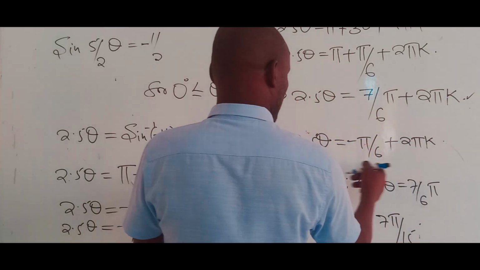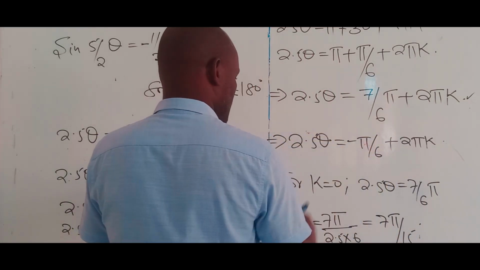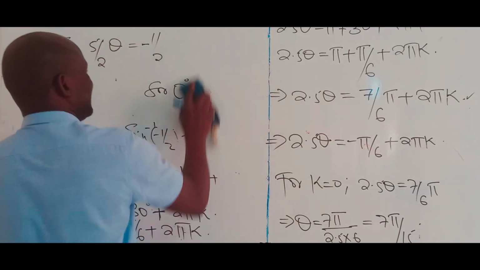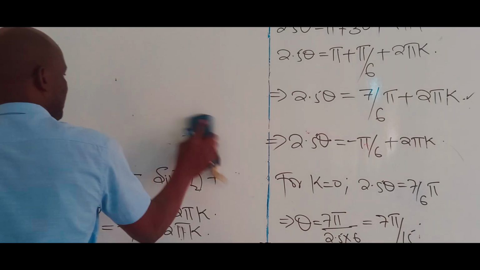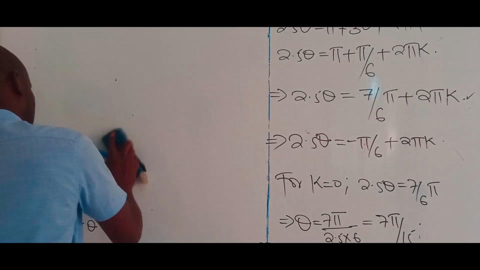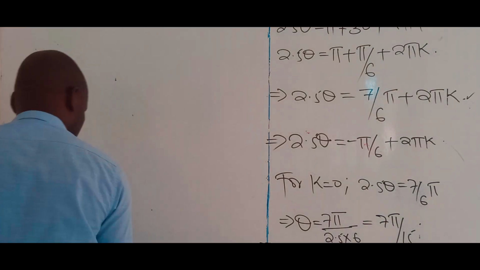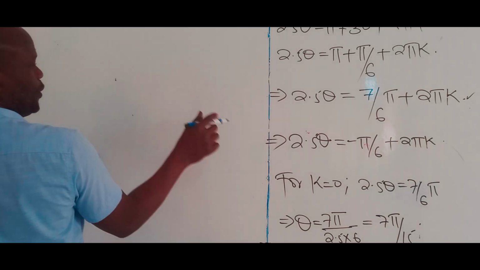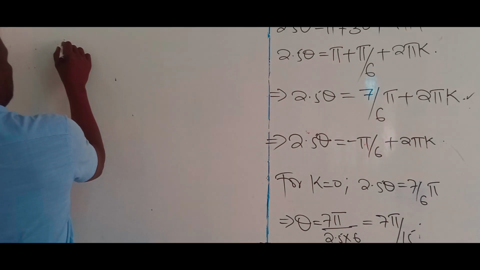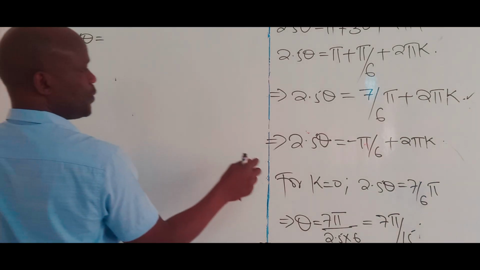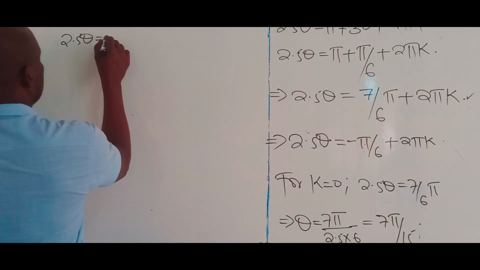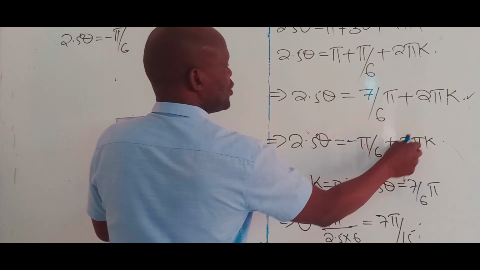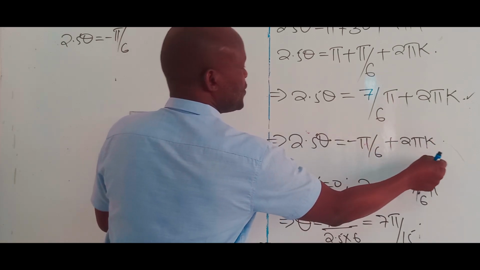But now what do we get when we use this? When we use this, it will be 2.5 theta is equal to, now we are using the second one, minus pi over 6 plus 2 times pi times 0, which is 0.